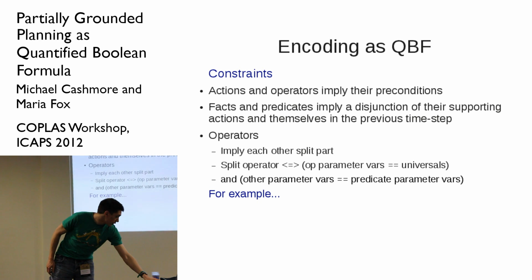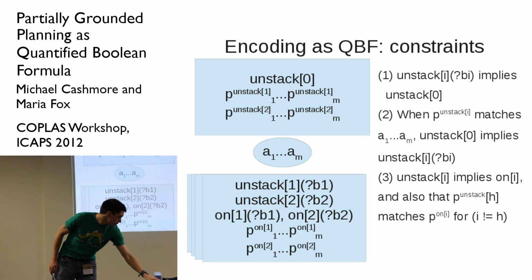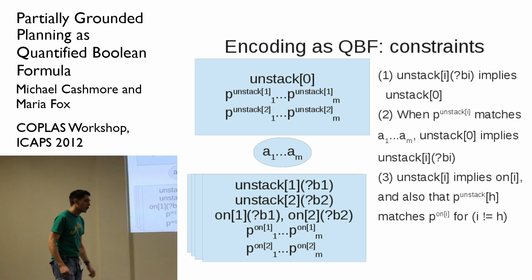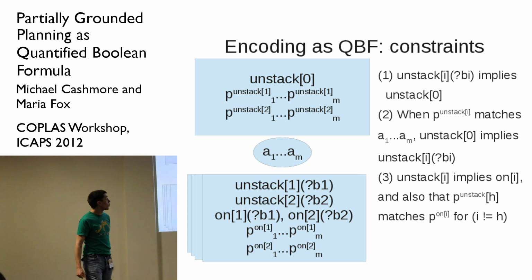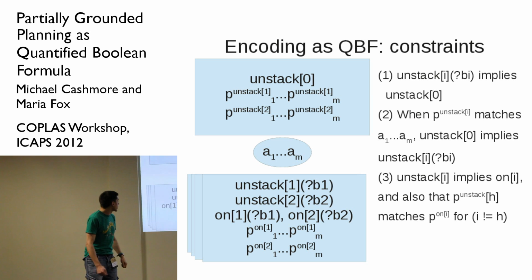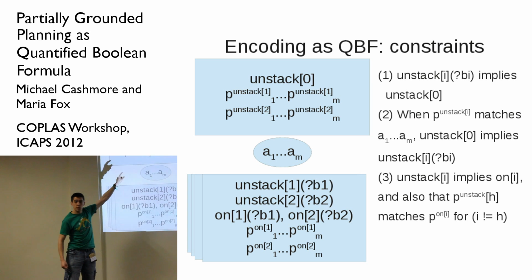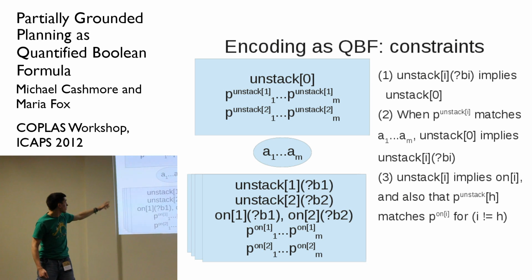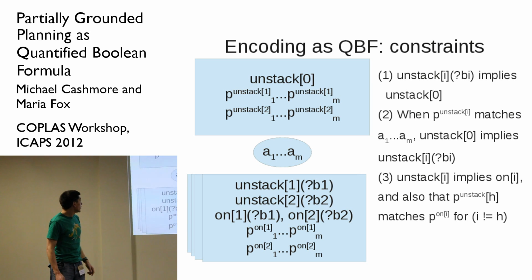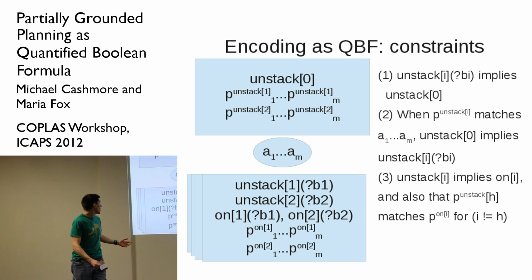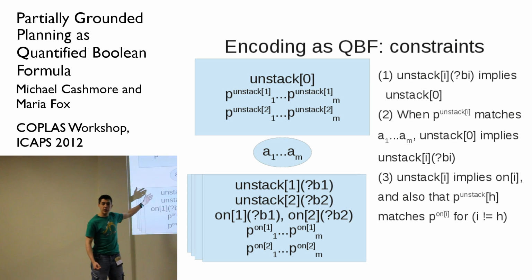So here's an example of those. Okay, so the first one, we say that if any of these are made true, then unstack 0 must also be made true. This ensures that we don't perform only part of the action.